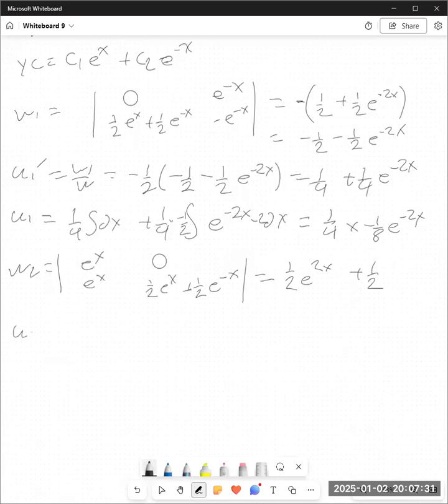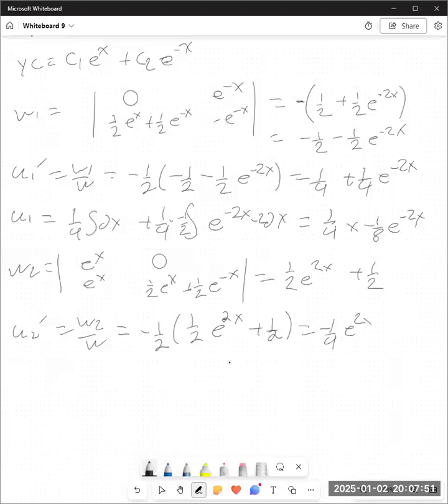We have u2 prime is W2 over W, which is going to be a negative 1/2 times 1/2 e to the 2x plus 1/2, and that gives me negative 1/4 e to the 2x minus 1/4.